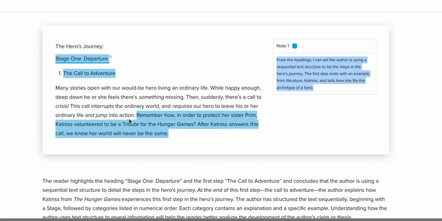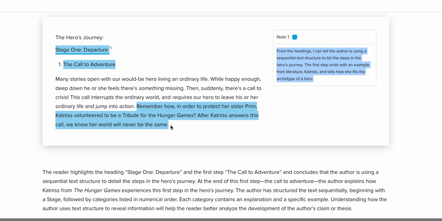And then she notes here that the first step ends with an example from literature, Katniss from The Hunger Games, and tells how she fits the archetype of a hero. And what you notice throughout this essay, when you take a second look at it, is Louise Munson follows this pattern. First, she has the stage, and then she has the little subcategory of each step.